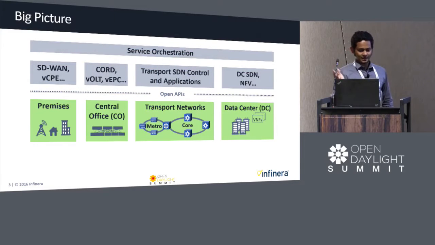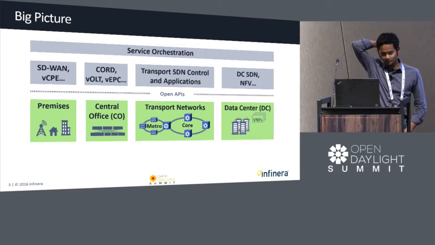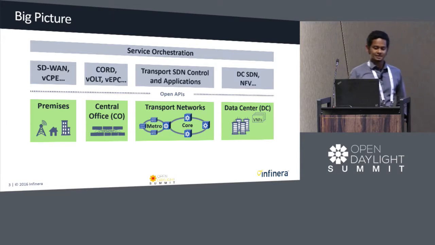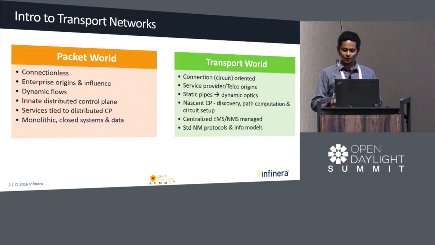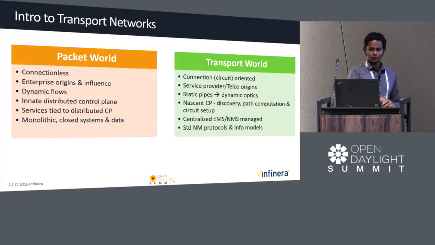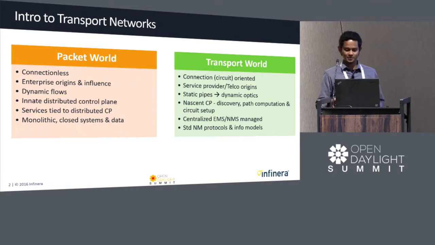So this is kind of the big picture of the different kinds of networks you would have and different value props of use cases that we've been seeing, like SD-WAN, CORD, and things like that. Most of us should get on the same page in case you're not from the transport world. In the past, most of you are familiar with the packet side. It's connectionless best effort.